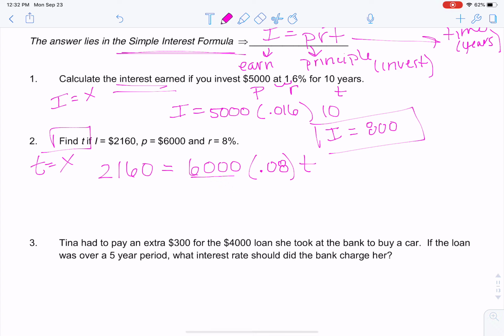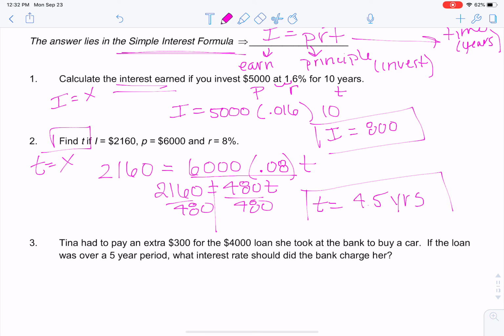So I'm going to do 6,000 times 0.08. That gives me 480t equals 2,160. Now I need to get t by itself, so I'm going to divide both sides by 480. I do 2,160 divided by 480, and I get time, 4.5. Since it's time, that means I have to save it for 4.5 years.